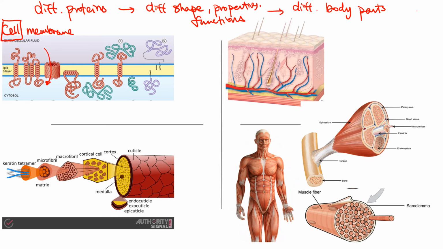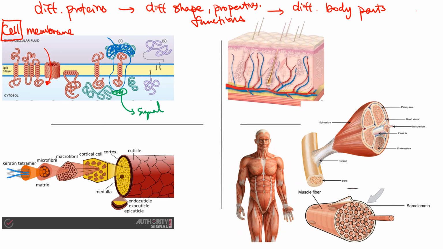So you can see this protein crosses both sides of the membrane. So some chemicals can come and combine with this protein. And this protein will then give a signal to the cell to do something.